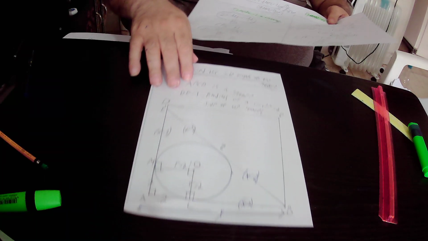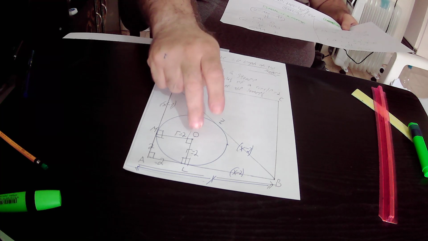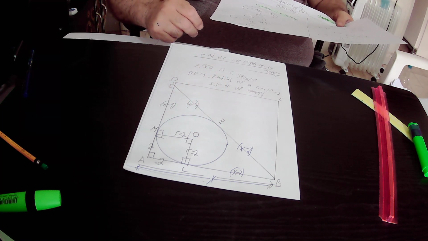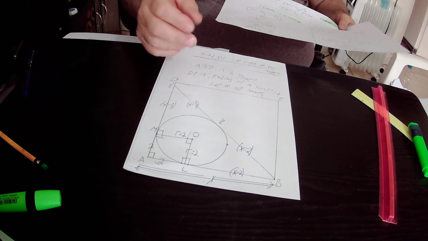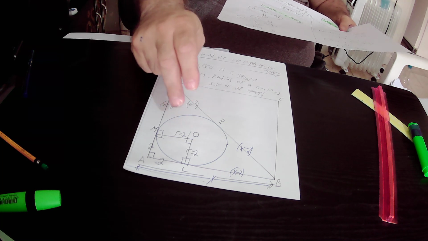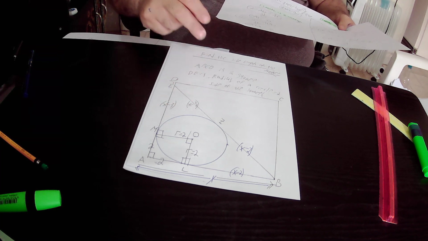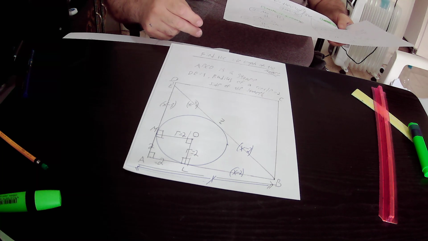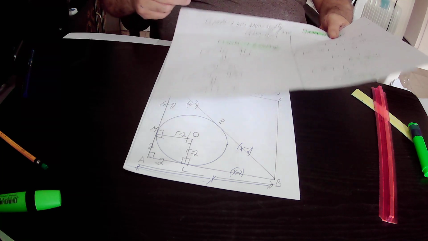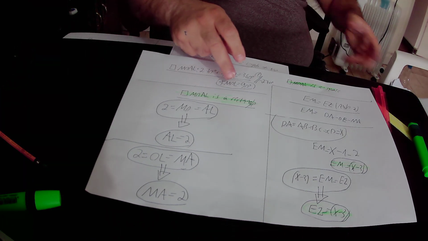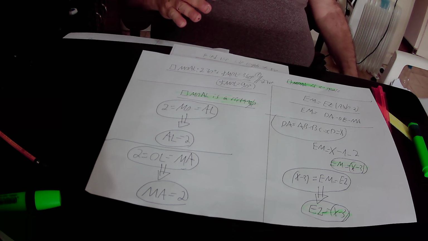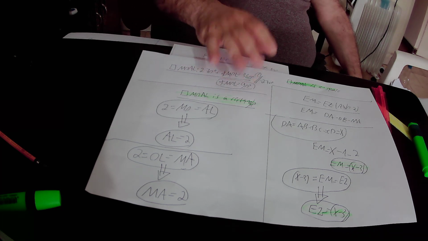So this angle MOL equals 90 degrees. So we found out that all the angles inside quadrilateral MOAL are equal to 90 degrees. They are all right angles.